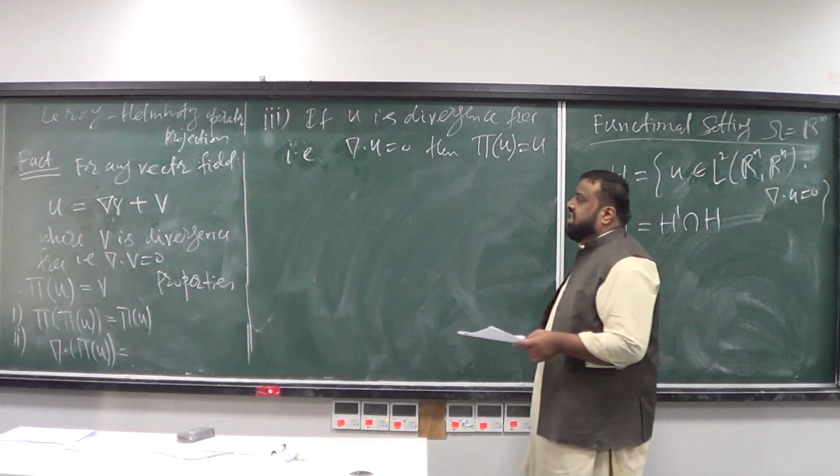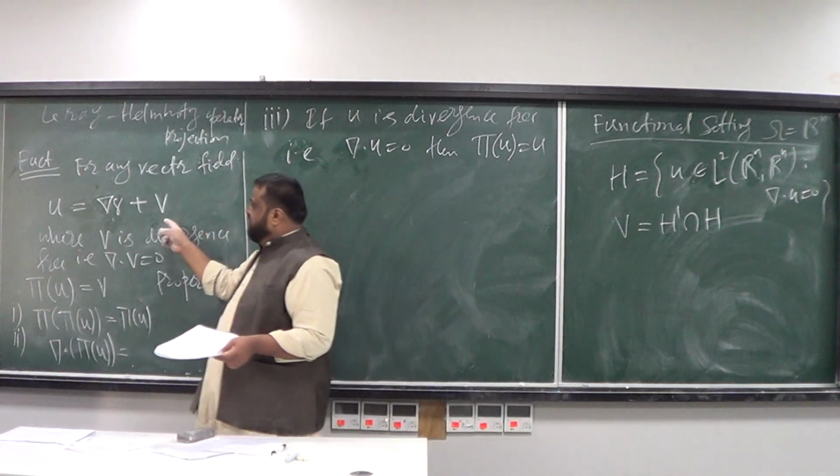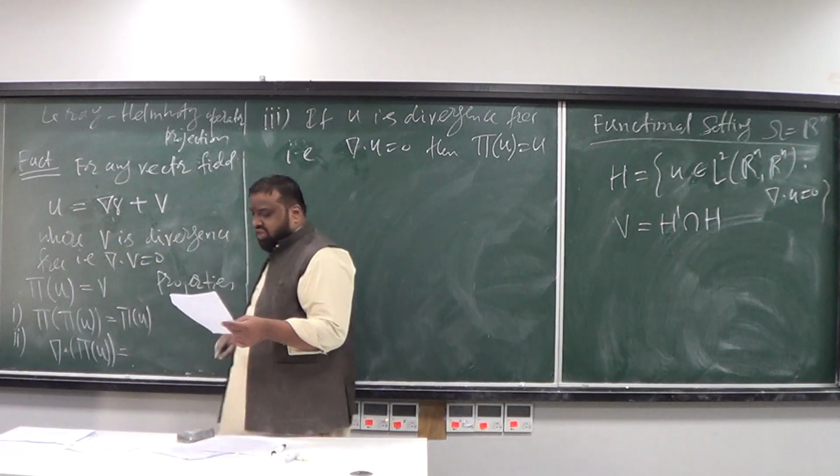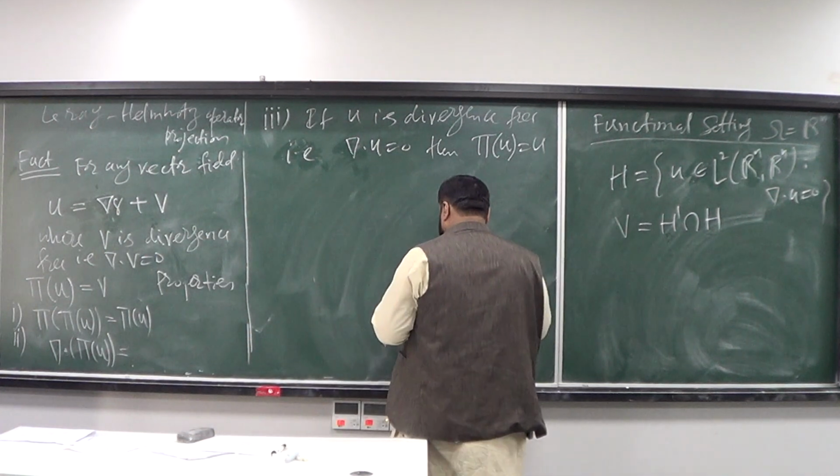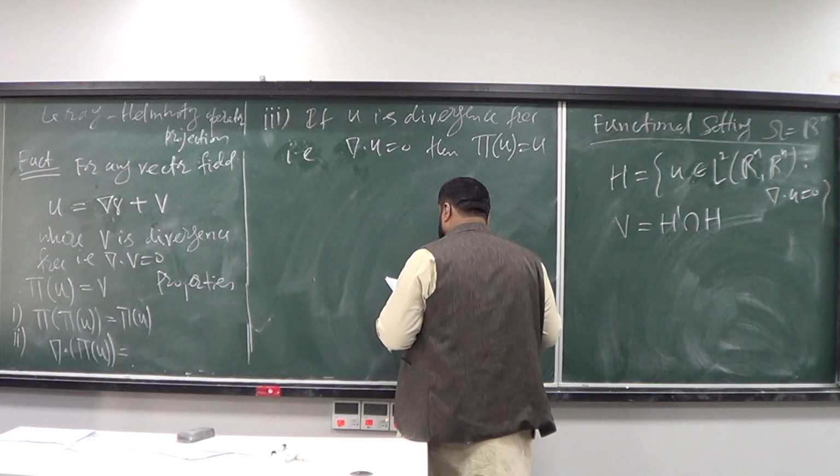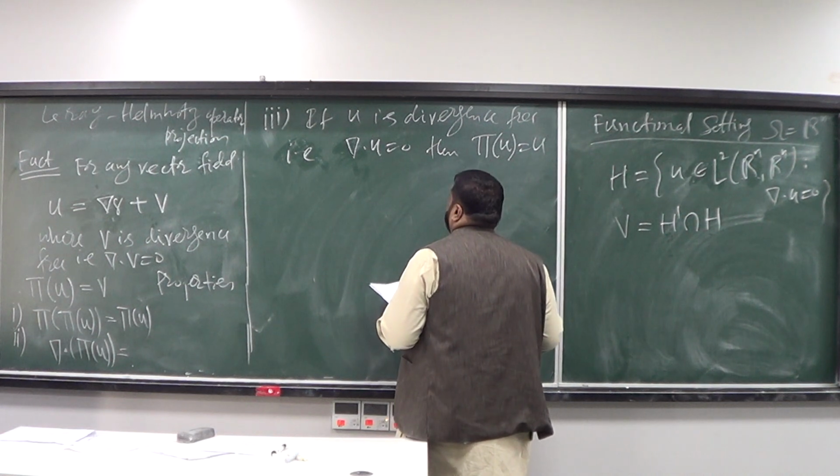In other words, pi of U would be equal to U plus 0, because U is already divergence free. Okay, so this is another part of it.